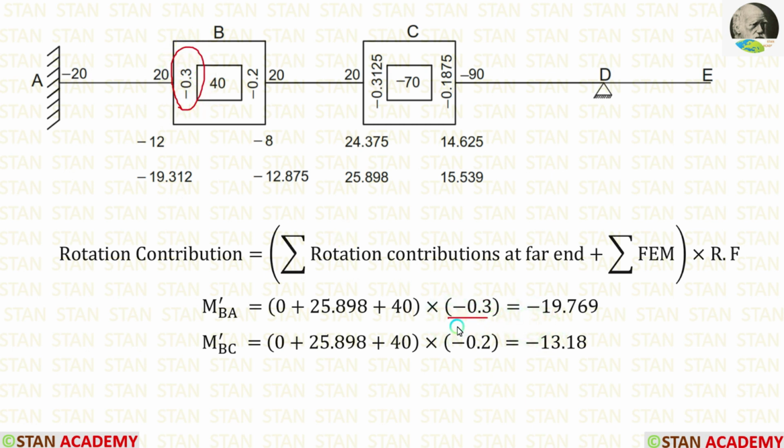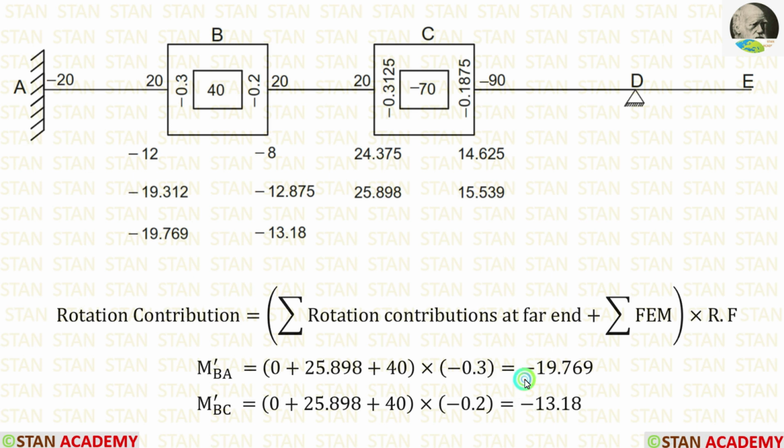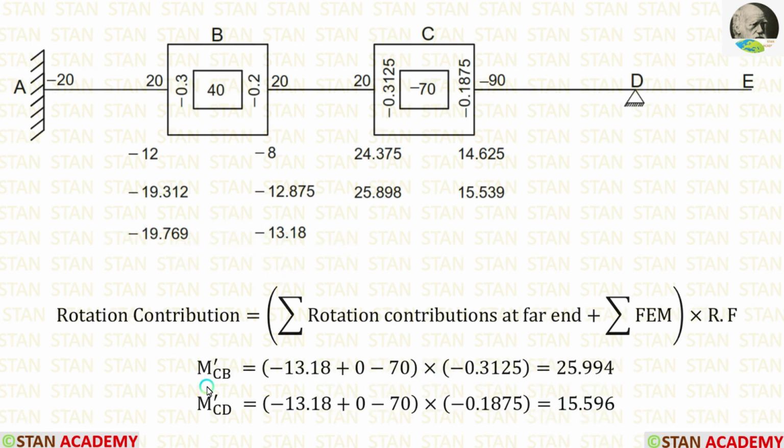We can apply. Finally, we are getting m dash BA is equal to minus 19.769. The rotation factor for BC is minus 0.2. We can apply. Finally, we are getting m dash BC is equal to minus 13.18. We can enter the value of m dash BA here and m dash BC here.